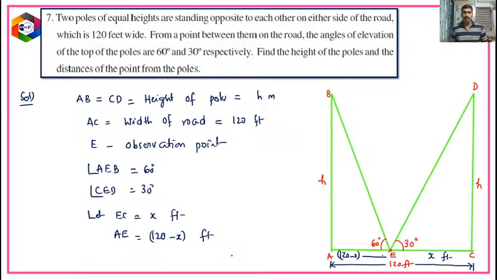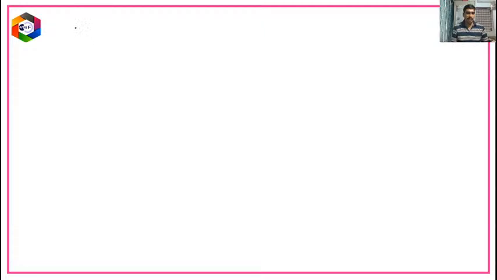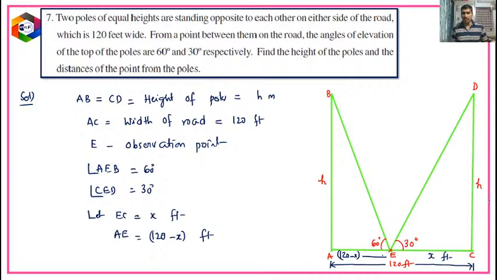So here first of all I am going to take the triangle ECD. In the next page I am going to take the triangle ECD. If you observe, tan 30 is equal to DC by EC.